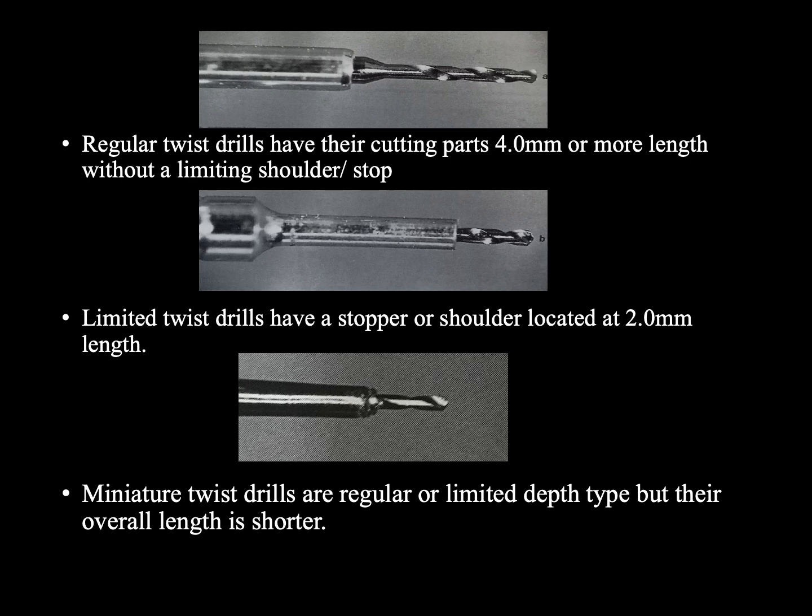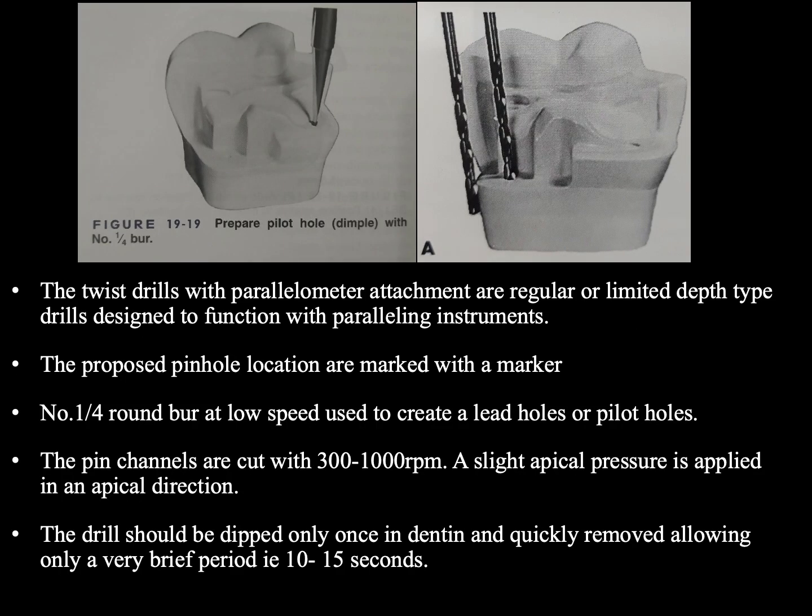Miniature twist drills are regular or limited depth, but their overall length is shorter when compared to regular twist drills. The twist drills with parallelometer attachments help us to limit the depth and inclination or paralleling of the pinhole preparation.